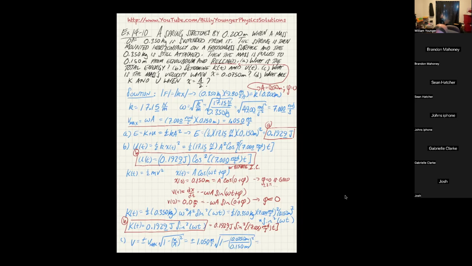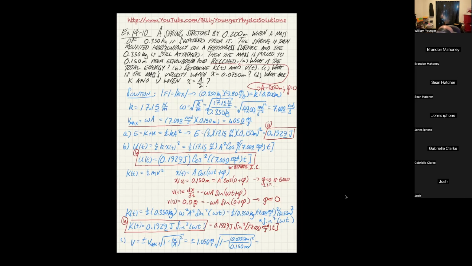So if you take 0.075 divided by 0.15, I think y'all know what that's going to be. It gives you 1/2, and then you square it, that becomes 1/4, and then 4/4 minus 1/4 is 3/4. So you get 1 minus 0.25 is 0.75.